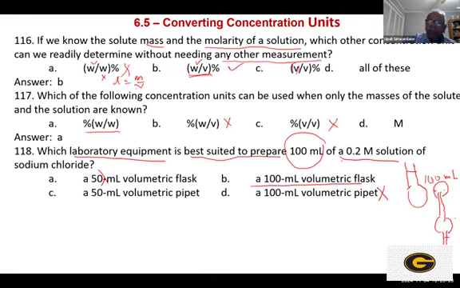Pipettes are used to measure the volume. Volumetric flask is used to measure volume of a specific solution. Answer is B.